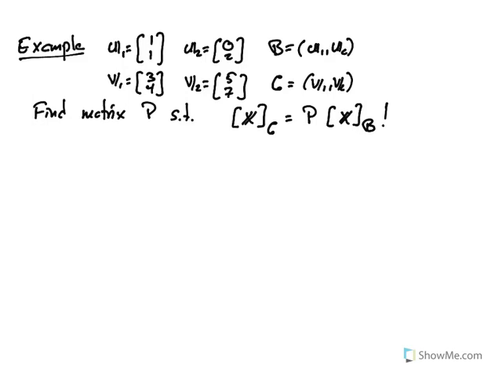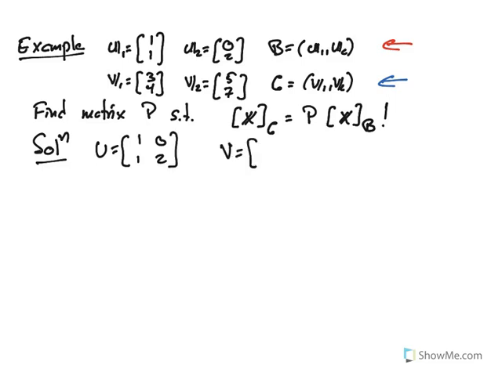Let's show with a concrete example. So this is the same basis as we had before, the U's, but now we add the second basis, which is the V's. And we want to compute the coefficient matrix P. So set U to be the matrix whose columns are the vectors U1 and U2.